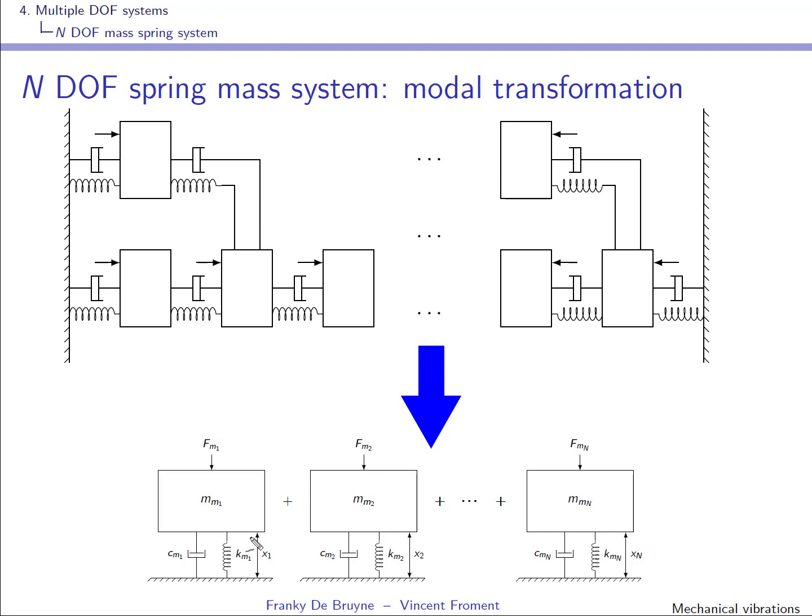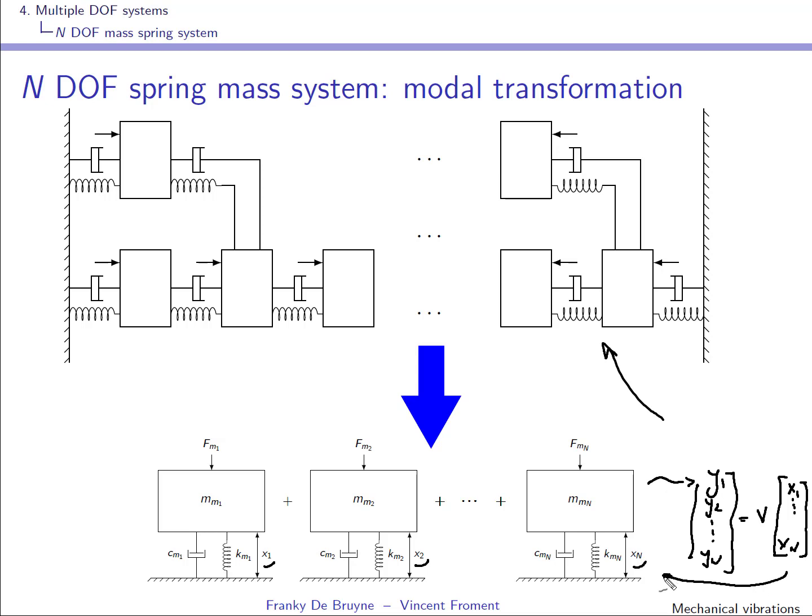Okay, so you can find the solutions x1, x2 and xn, and then you have the solution of the original problem by taking your modal matrix, which we call V, and pre-multiplying the solutions that you obtained from your individual spring mass systems.